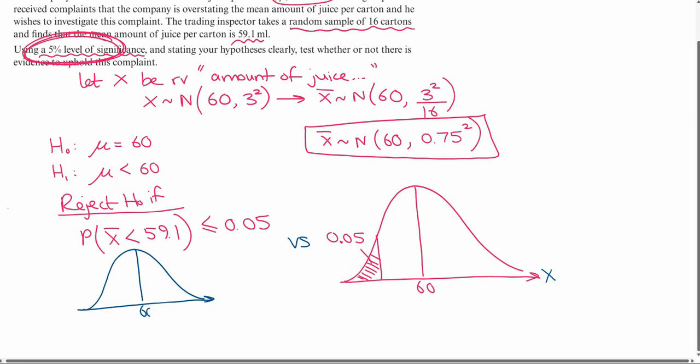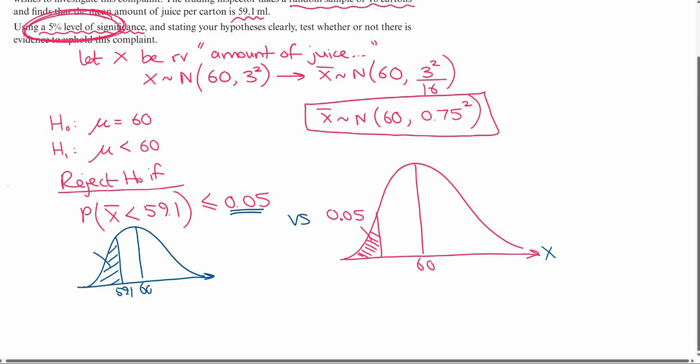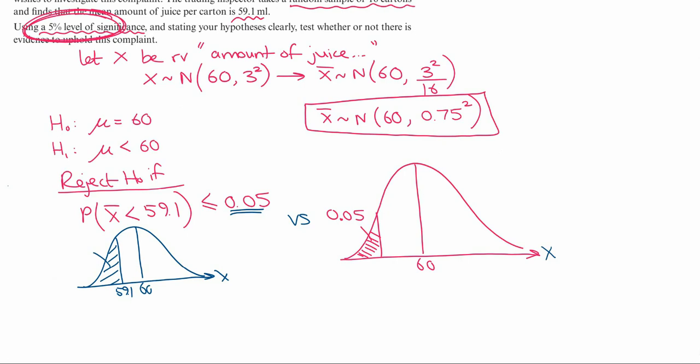So here's 60, here's 59.1, and I want to know what the probability of that happening is. If the probability is less than 5%, I will reject H0. So I need to create this picture on my calculator. So make sure I've got the right tail. My x value is going to be 59.1. My mean is 60. And the standard deviation is 0.75.